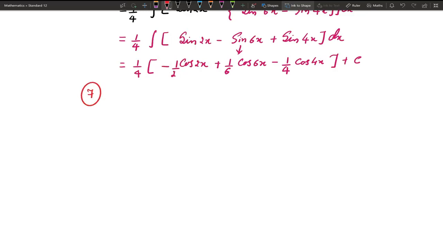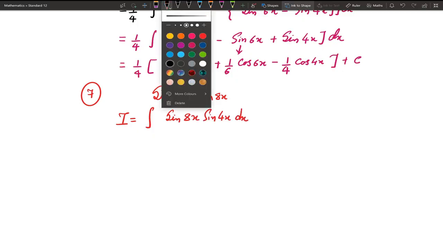Seventh one, integrate the following function: sin 4x sin 8x. We denote this integral by I. Let I equal integration; first we write the bigger angle, sin 8x sin 4x dx. So we know how to integrate this.